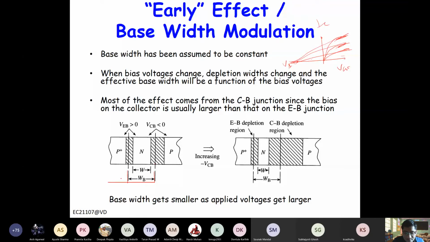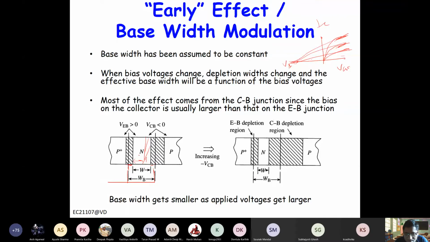When they are biased, because base emitter is forward biased, this depletion width will be small, but it will be there. And we are especially concerned with the depletion width on the side of the base. So depletion on the side of the base due to base emitter, and depletion on the side of the base due to base collector. Now when you increase the reverse bias on the base collector junction, this will increase, right? And your effective base width will decrease.